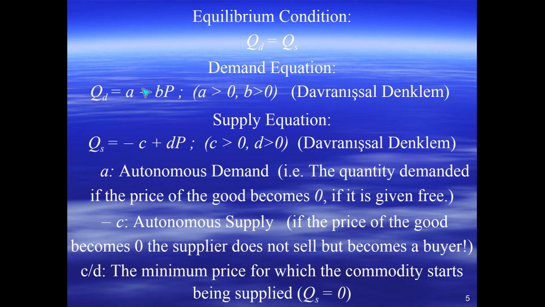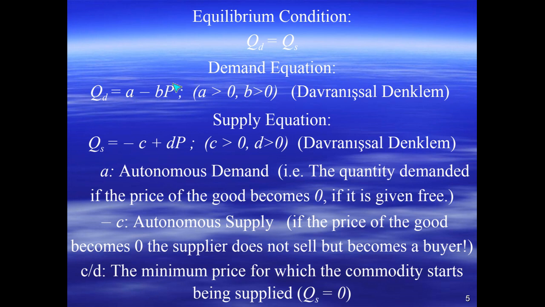So if the apple is distributed freely in this market, there is also an upper limit. It can be very high, but it's not infinity. When the good is distributed free, people demand a certain quantity. This is A. This is called autonomous demand.